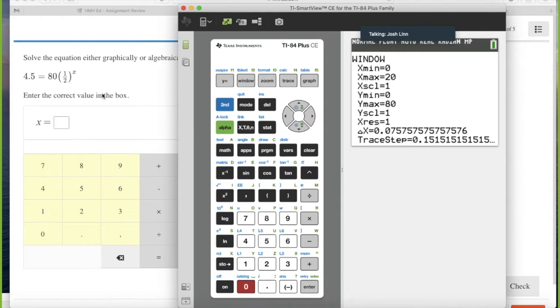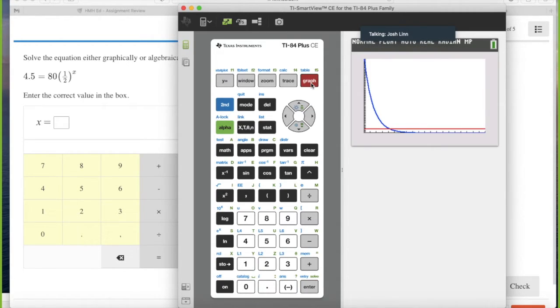Honestly, we don't even need it that high because we only care about when it equals 4.5. I'm just going to leave my x max at 20 because, again, I have no idea when it's going to hit. So we'll stick with that, and bam.